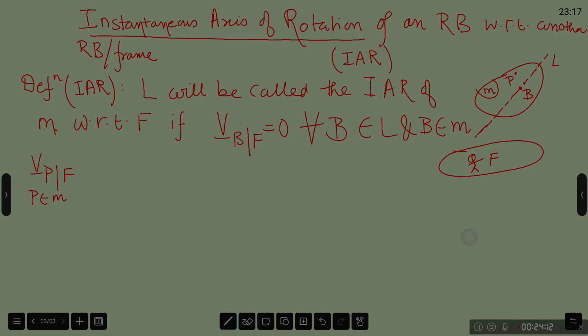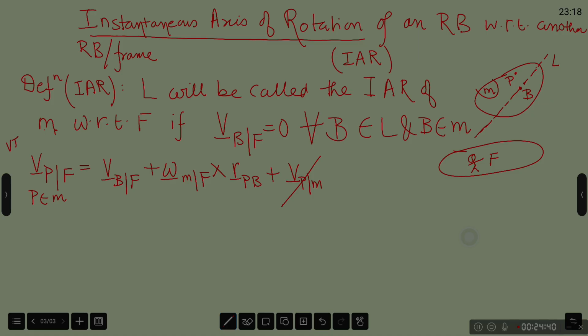Mind you, if P is a point fixed to M, VPF can always be written as, using the velocity transfer relationship.